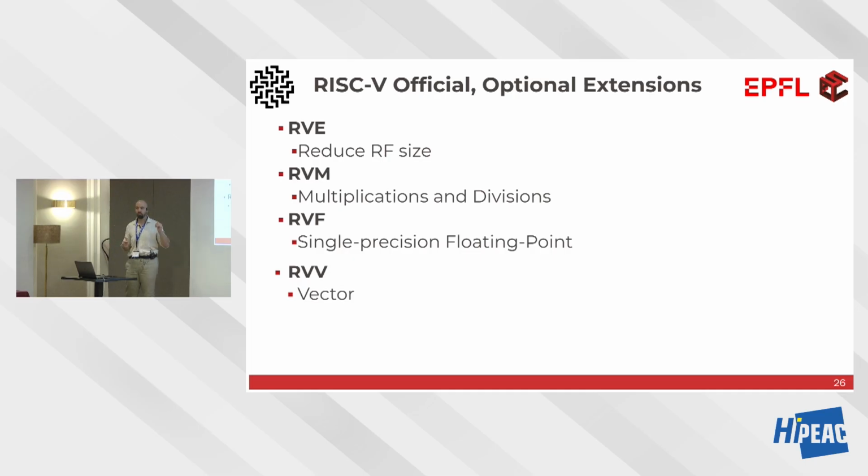Plus, and I said that before, it's modular and customizable. As your colleague was telling at the beginning of the lecture, he is actually adding custom extensions to his own CPU. It means that RISC-V is reserving a portion of the instruction space that is user-defined.